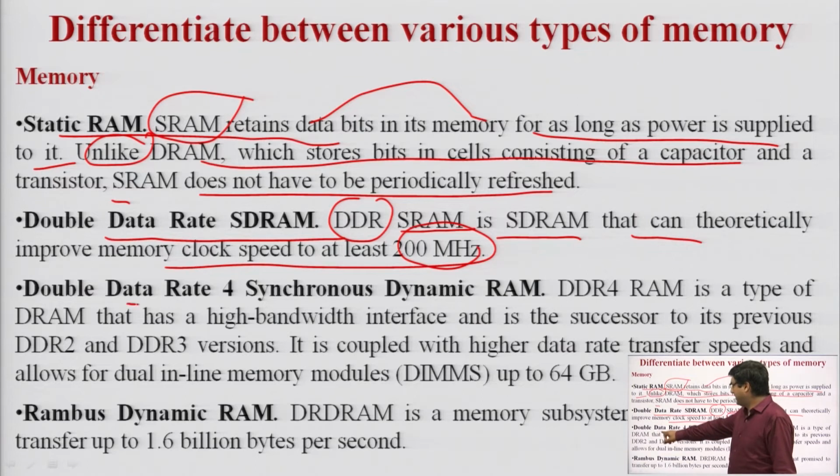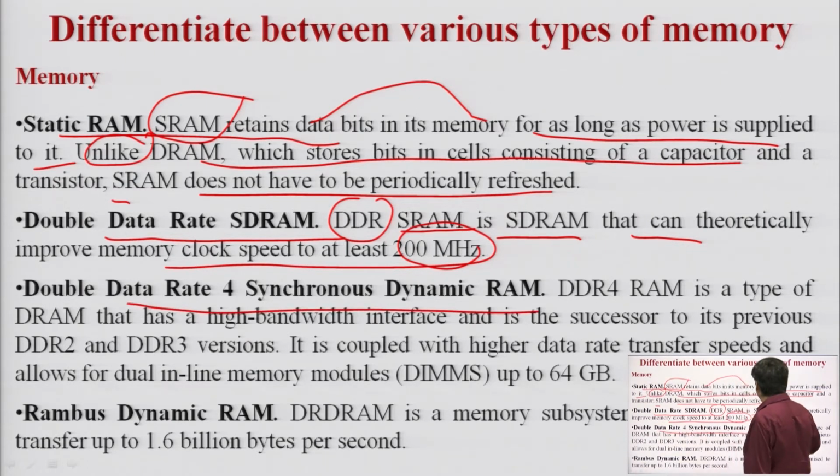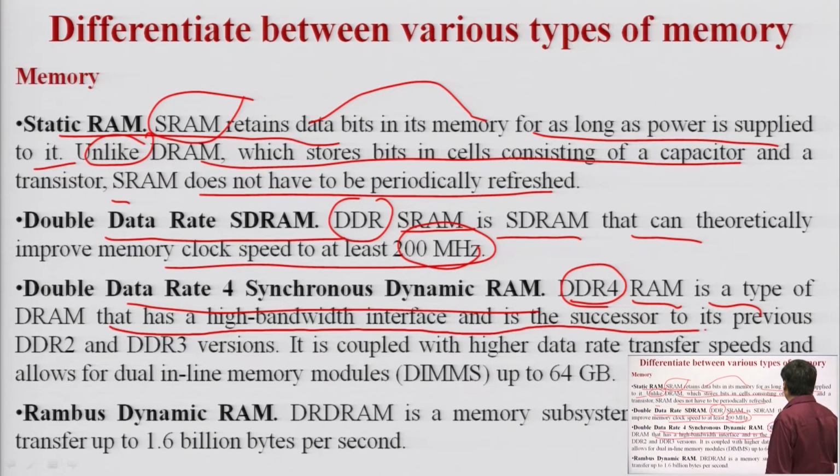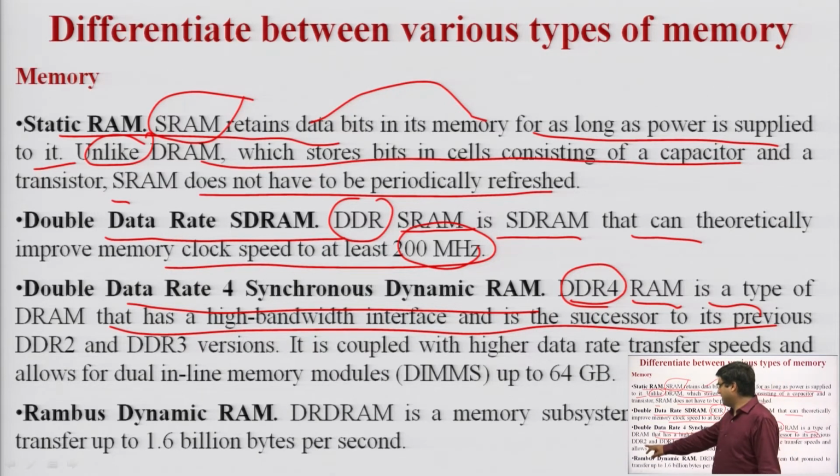After that, double data rate fourth generation synchronous dynamic RAM, DDR4 RAM. It is a type of DRAM that has a high bandwidth interface and is the successor to the previous DDR2. Before, we had DDR1, DDR2, DDR3. Nowadays we are using double data rate 4.